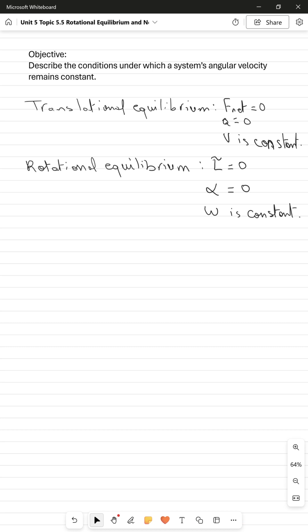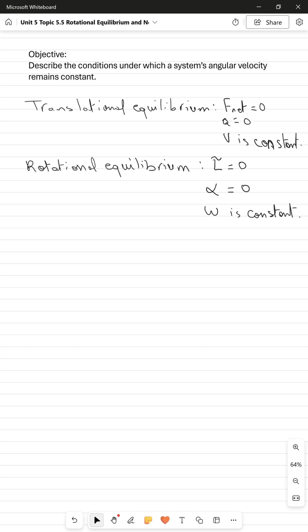Now what you've got to know is that sometimes we may have an object that's at rotational equilibrium but not translational equilibrium, and vice versa. So an object can be accelerating linearly but its rotation can be constant.